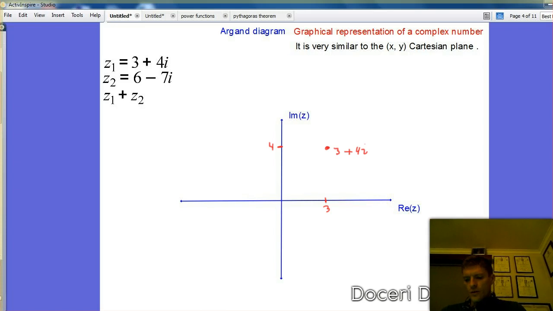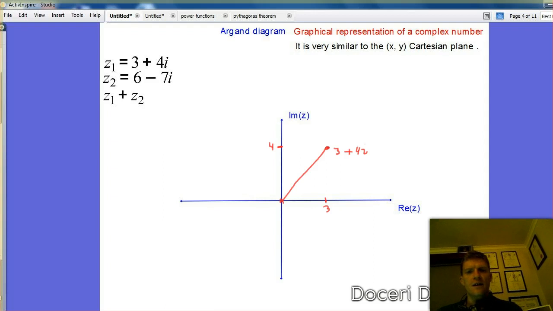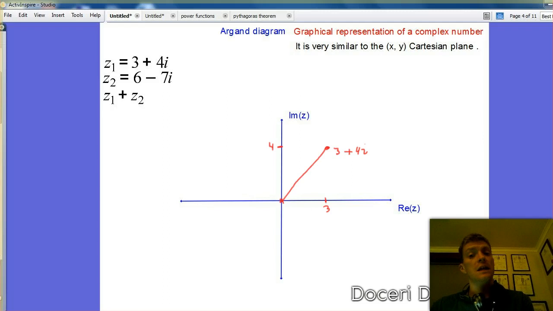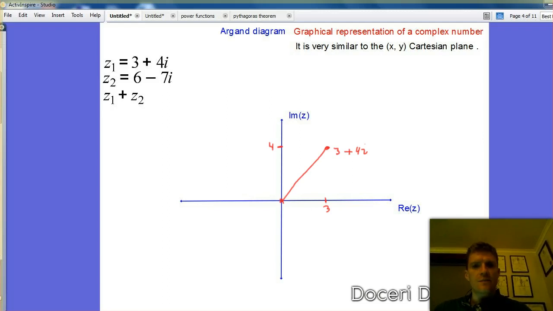Okay, now that could also be written as an arm from the origin. Now, one thing you may remember from last year when looking at vectors, when plotting vectors, behaves very similar to the way we're drawing complex numbers on an Argand diagram. So we actually treat complex numbers as a vector in some sense.